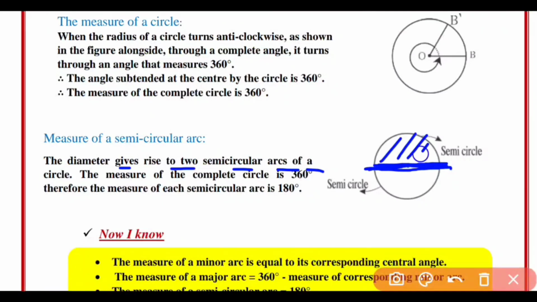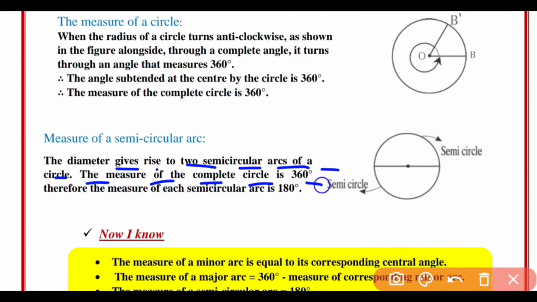These two equal half circles are known as semicircles. The measure of the complete circle is 360 degrees, and therefore the measure of each semicircular arc is 180 degrees. You have to remember this.